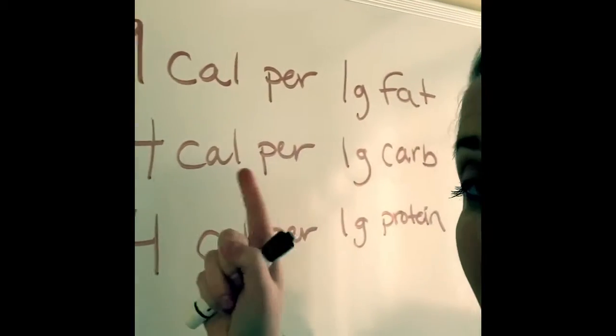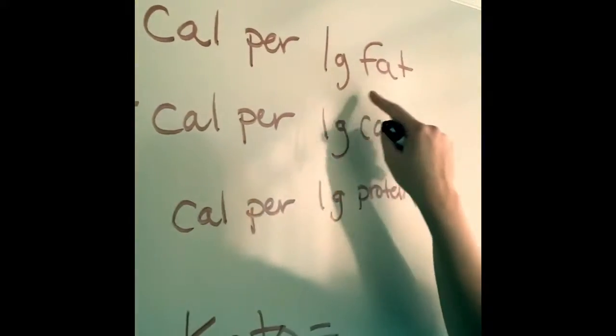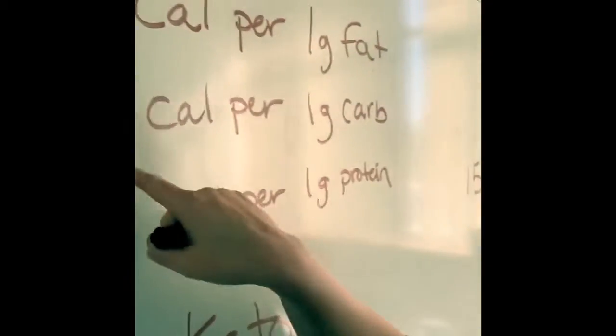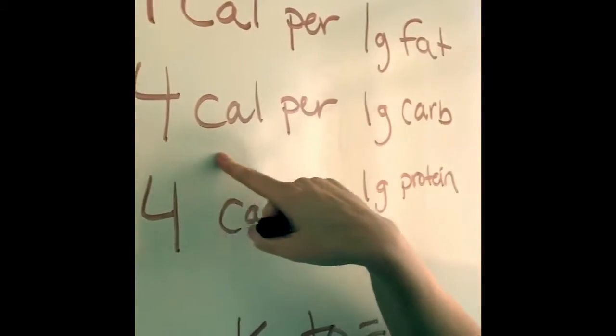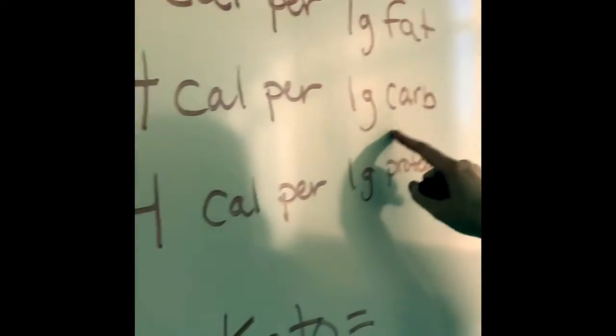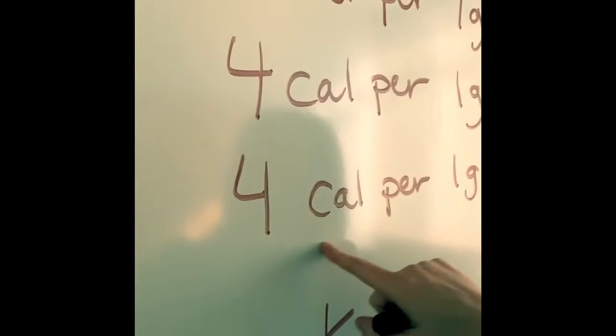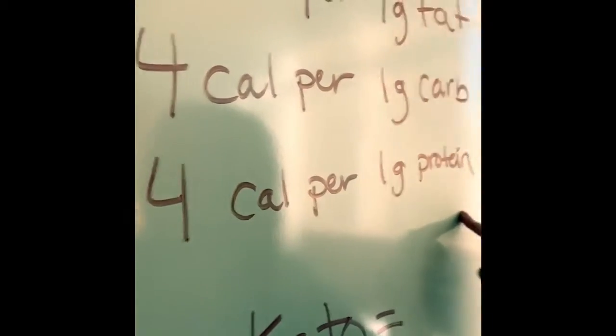So first and foremost, you have 9 calories per 1 gram of fat. So what that means is for 1 gram, you have 9 calories. Hence why keto is a longer sustaining energy, because we would have 4 calories per 1 gram of carbs, and we also have 4 calories per 1 gram of protein.